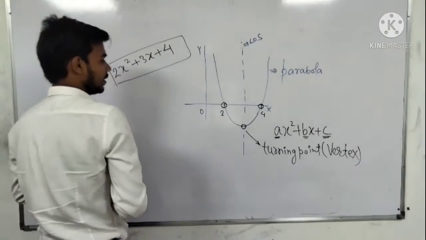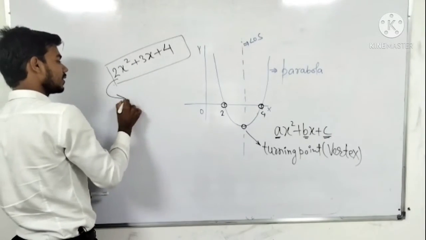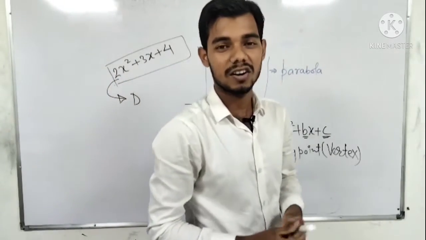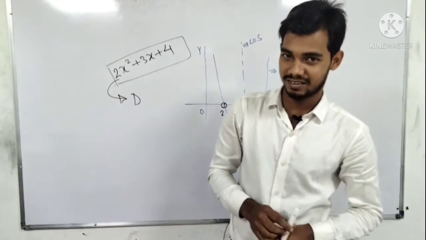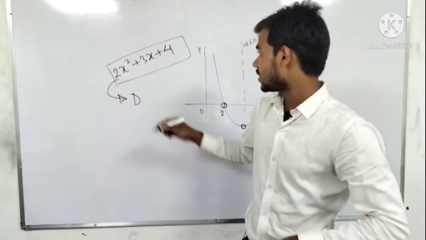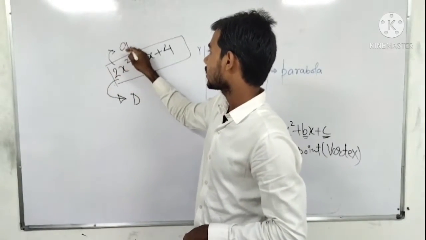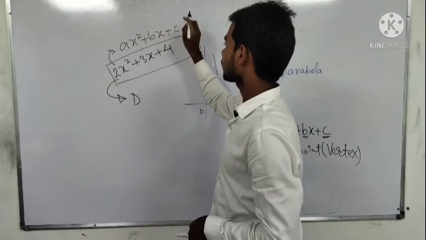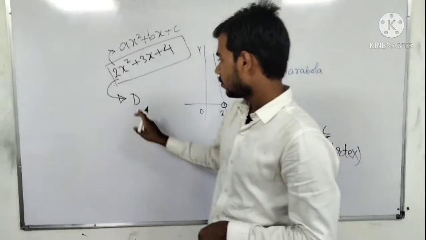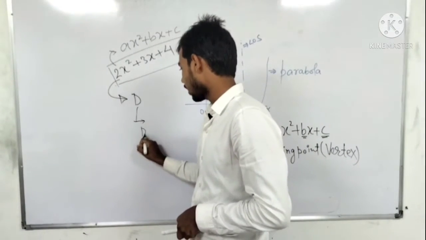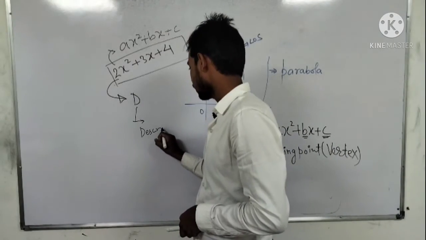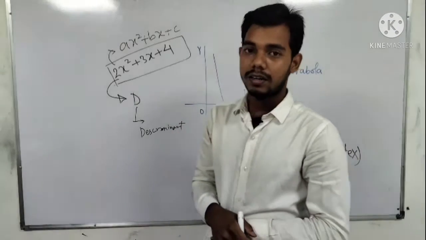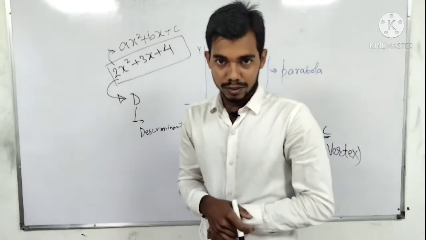In the previous class I talked about capital D. This capital D is called the discriminant of that polynomial. That means the general form of the polynomial is ax square plus bx plus c, and this D is called the discriminant. What is the value of the discriminant?